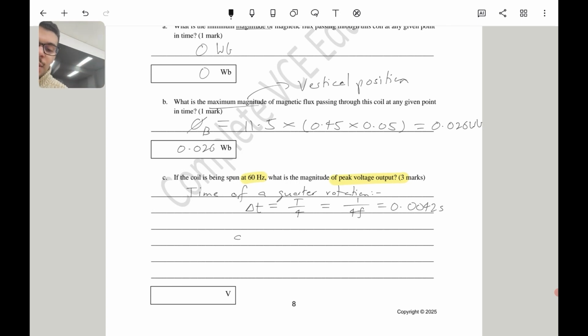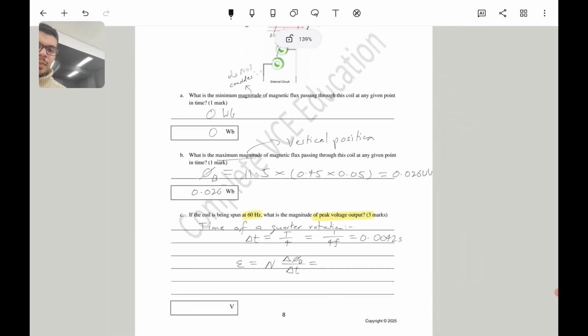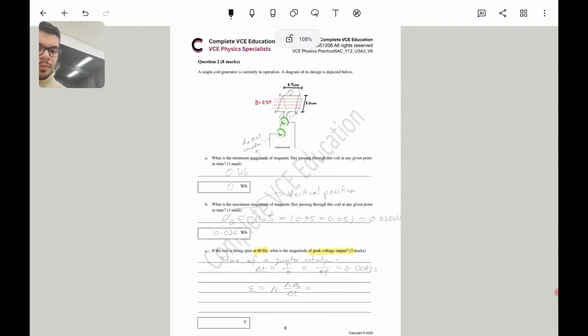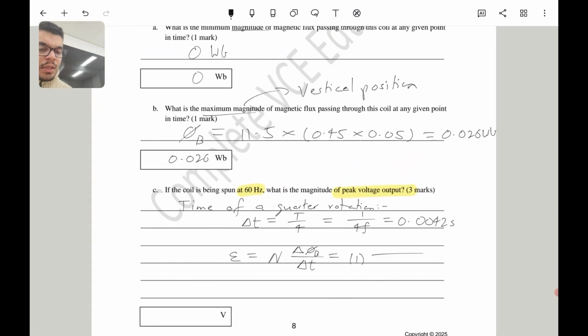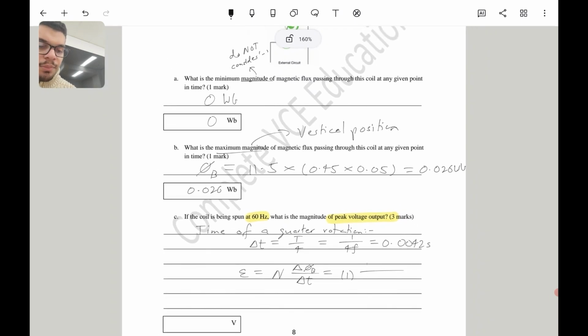Now let's use our EMF formula. So the EMF is going to be equal to N times delta flux over delta t. Now N here, we have not been given N, so N will be by default 1. And the change in flux will just be 0.026 minus 0, divided by the change in time, which is 0.0042.